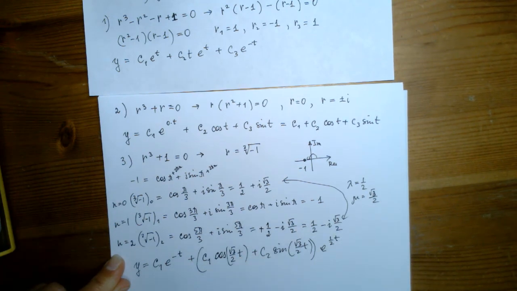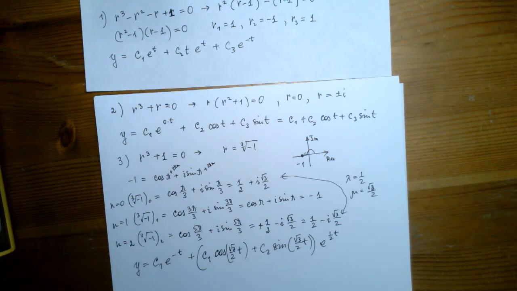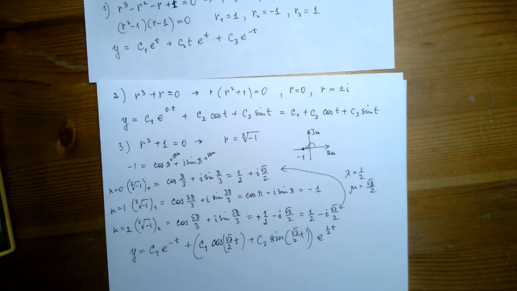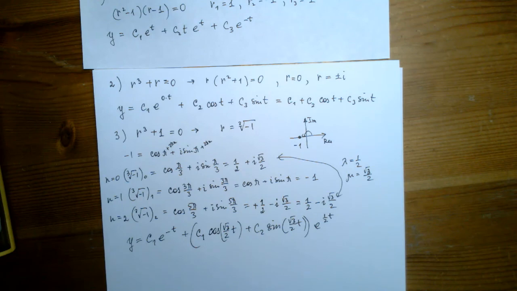You can put the exponential factor in front. I don't know which way is more convenient. Yeah, we do solve all three problems. Again, the solutions are just a combination of what we already learned from second order equations.